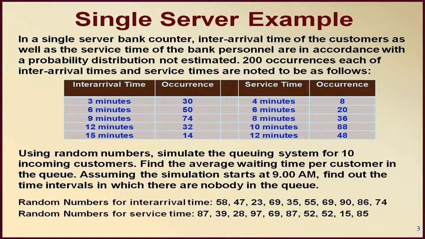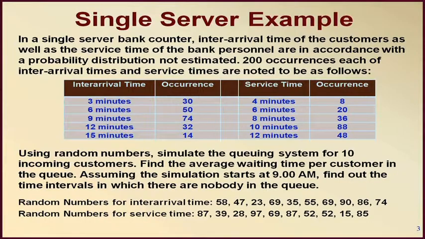If you look at the chart, 200 occurrences of each have been taken, and it was found that the inter-arrival time could be 3, 6, 9, 12 or 15 minutes, whereas the service times could be between 4 and 12 minutes, with frequencies as given below.